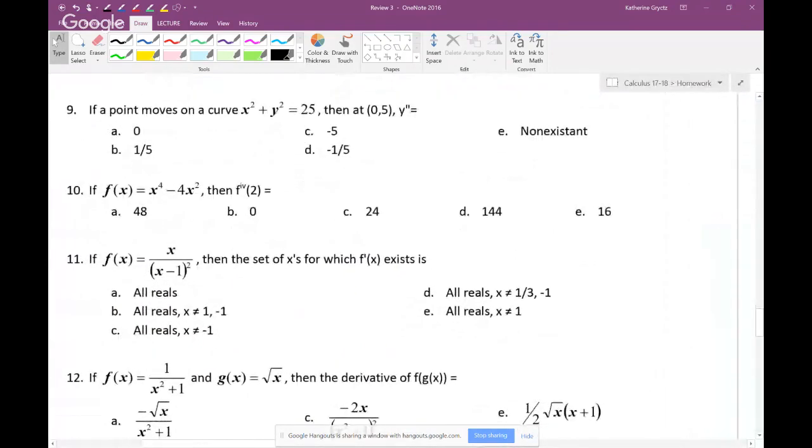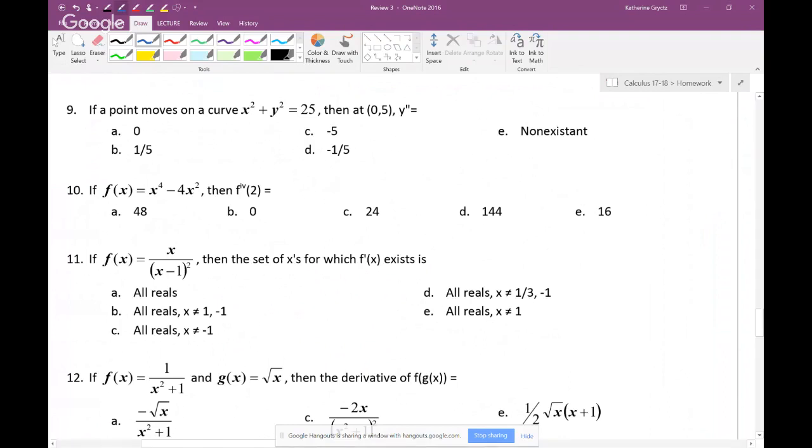Because it's asking for y double prime. Point moves on a curve. It looks like implicit just by looking at it. Is that what it is? Yep. And then you just do the second. Right. I mean, you could probably solve for y in this one, but you have to incorporate the positive and negative. Yeah. I think it's actually probably easier to do implicit here.